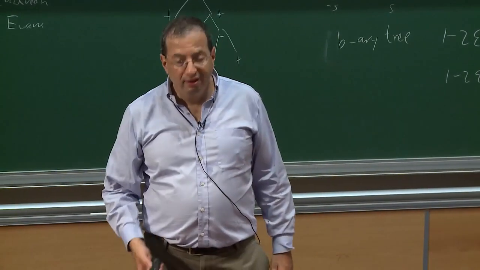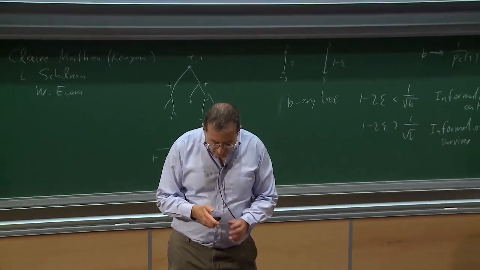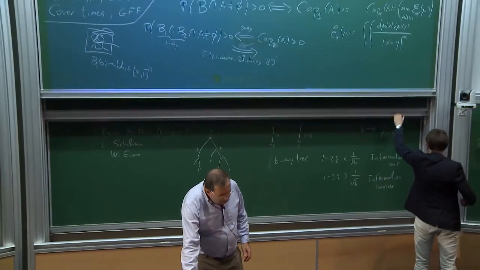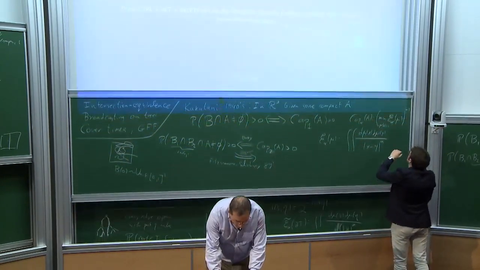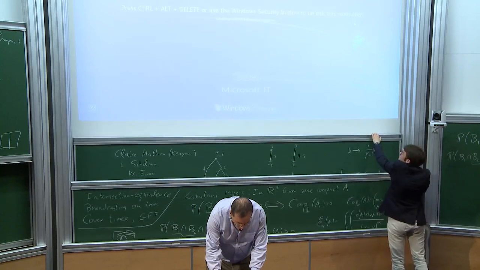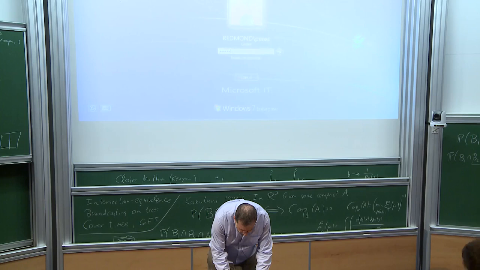Okay, so in the last 18 minutes, I want to tell you about a last thing, where, again, there is a different connection. This will only be a brief survey because of the time.